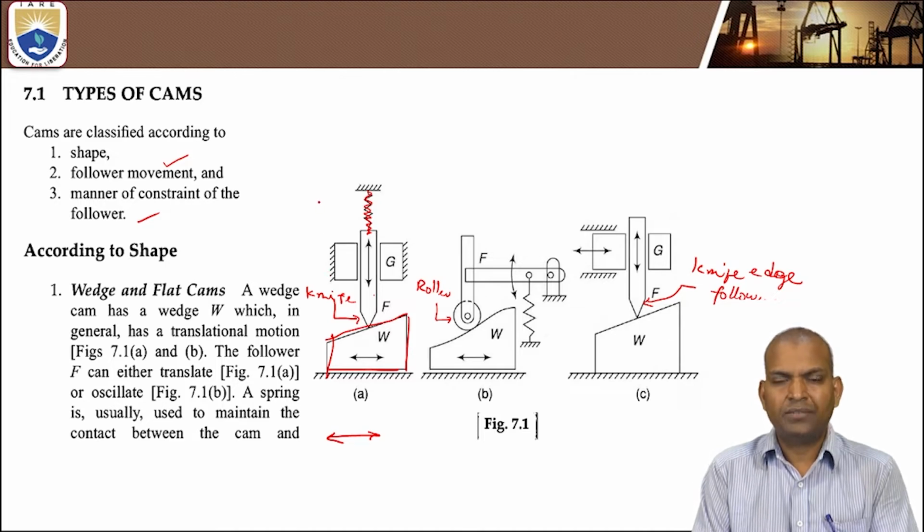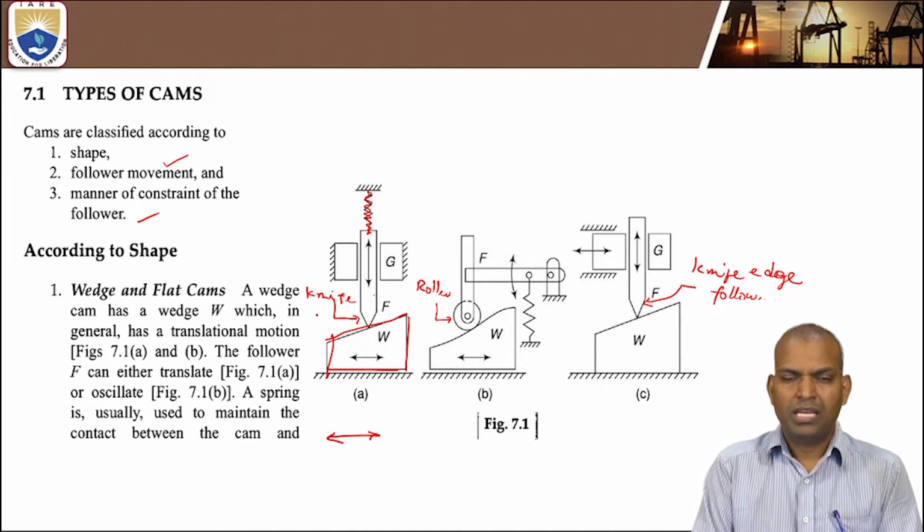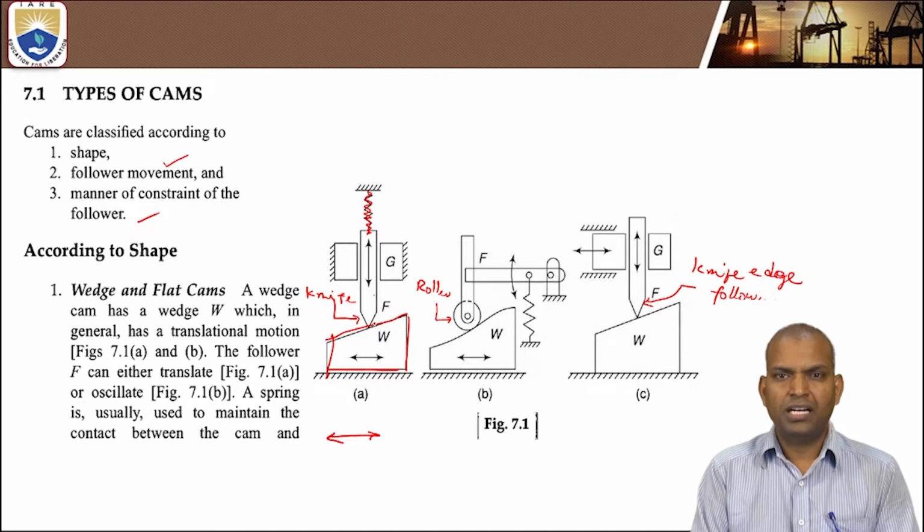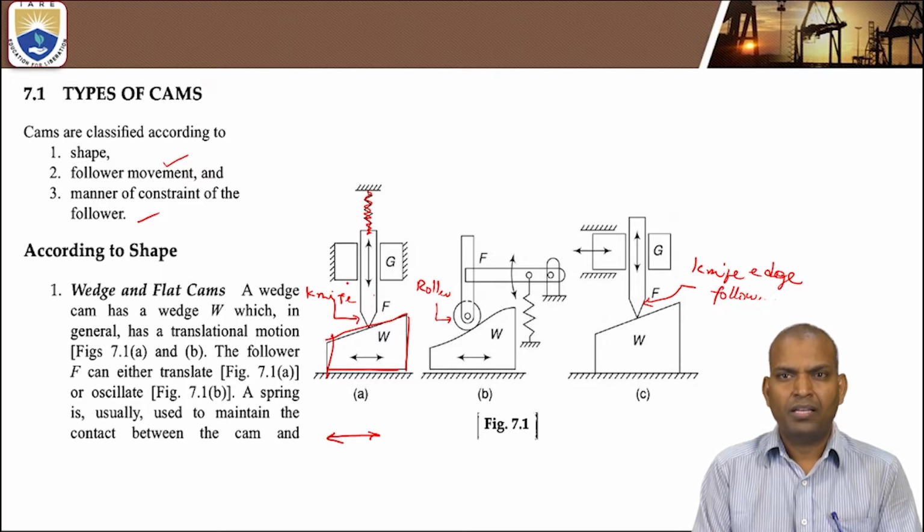This type comes under the unclosed pair. In an unclosed pair, the follower is always in touch with the cam's surface, either due to gravity or due to some spring force. Here the spring, an elastic element, keeps the follower always in touch with the wedge.